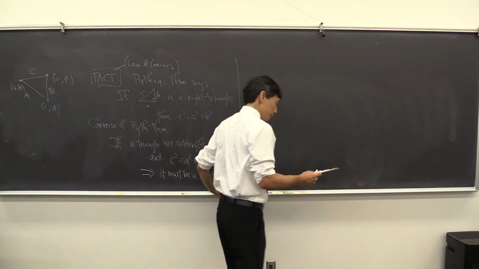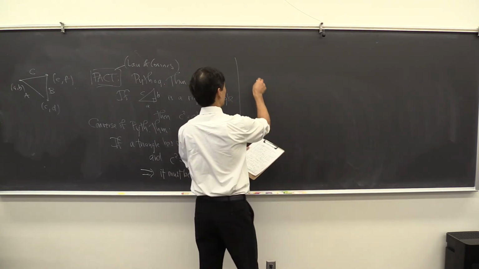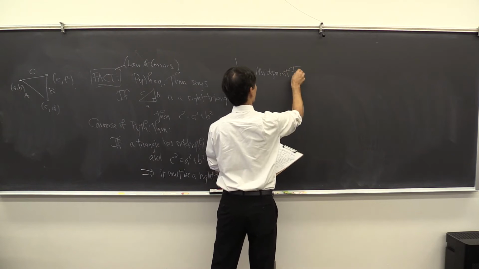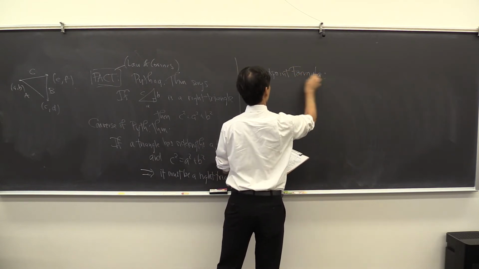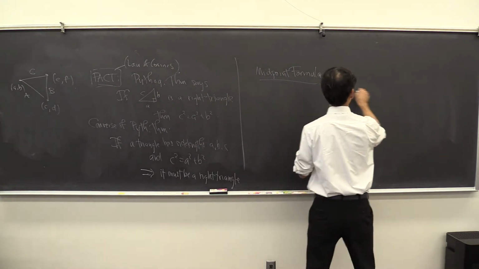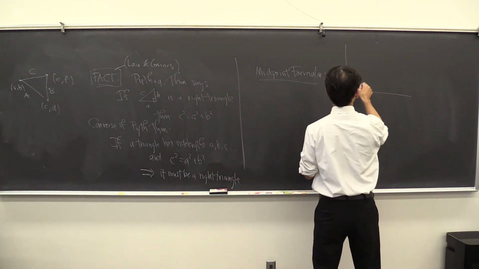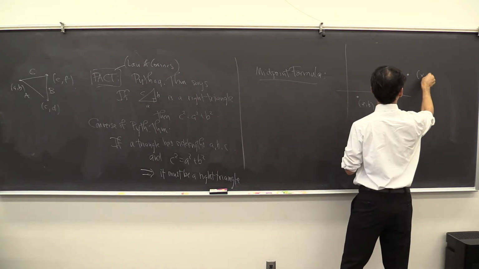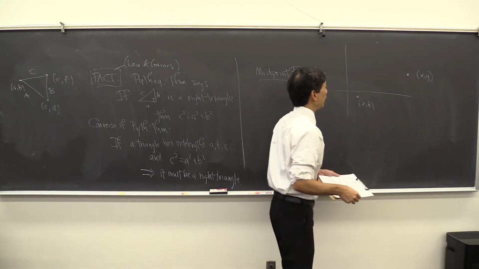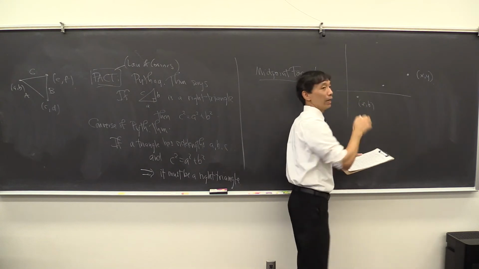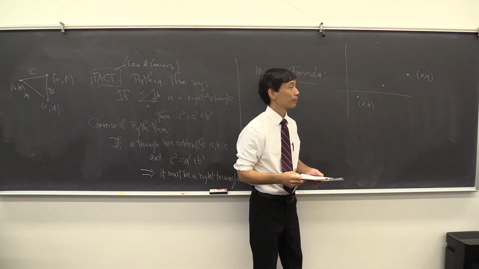Another thing that is introduced in this chapter is something called the midpoint formula. It's nothing too fancy. All it's saying is that if you have 2 points, let's call this one A, B again, and this one X, Y, then you can create a formula to find the point that's directly halfway between them.